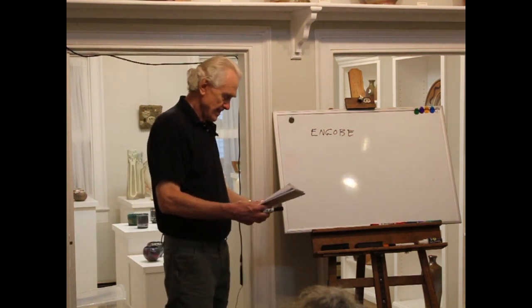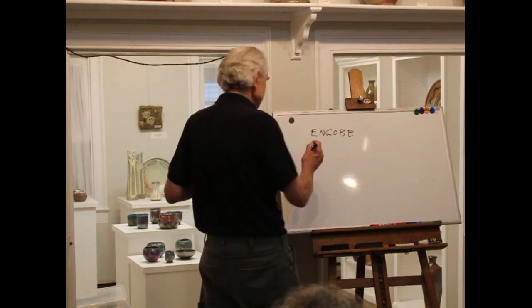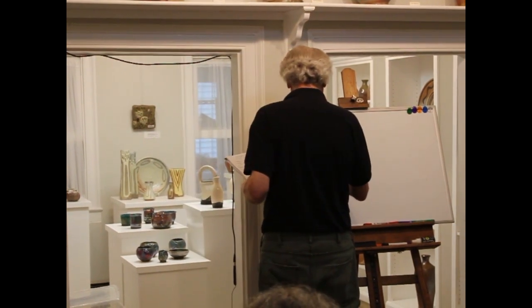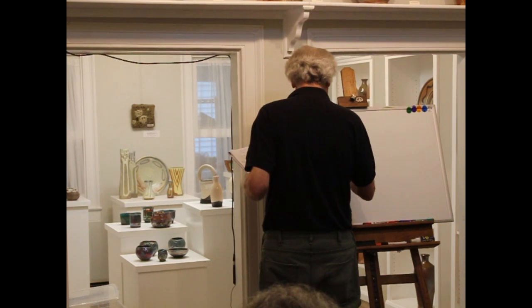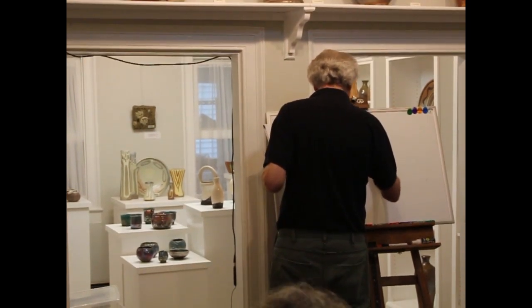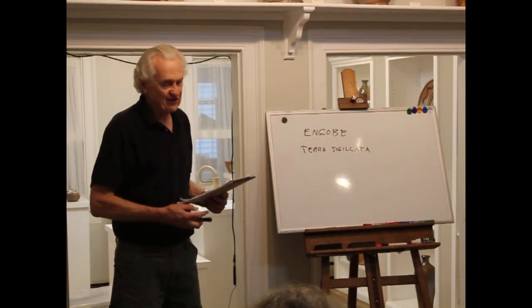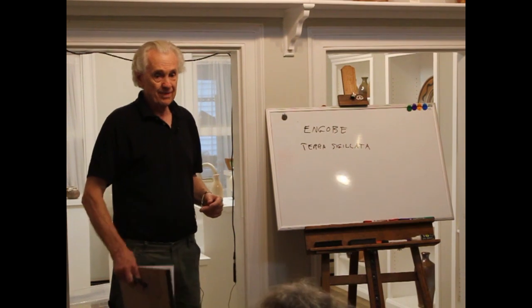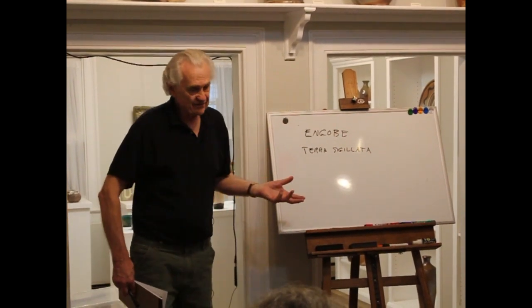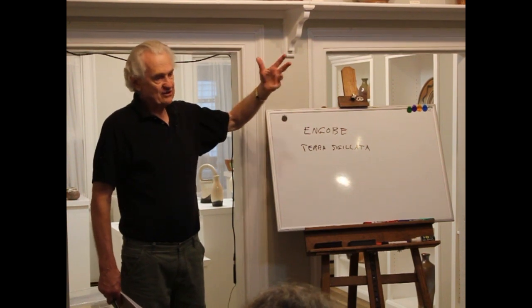Okay? Another one related to this area is terra sigillata. Terra sigillata is a really, really dilute slip, basically. The way you make it is you mix clay with water, and then you let it settle out.